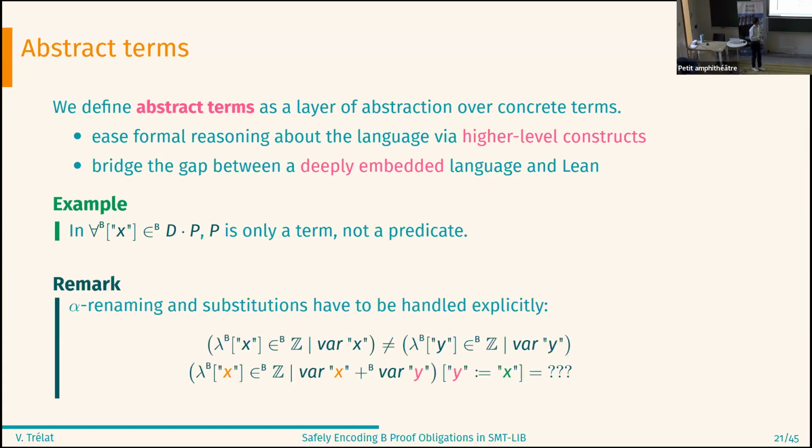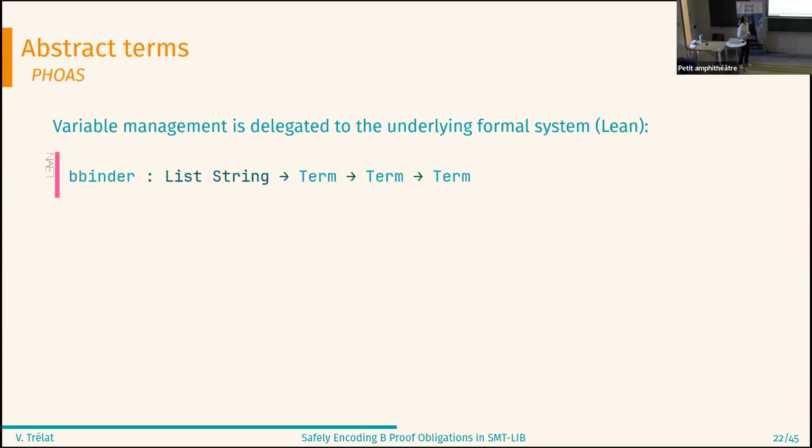The consequence is that we have to deal with alpha renaming and substitutions by hand. We have to handle that explicitly. For example, the identity function on Z has infinitely many representations. And in this lambda x plus y, if we want to substitute y for x, what should I do? Should I first rename this x or just replace the y by x? Those are questions related to deep embeddings, and this is something I don't want to deal with. So I will delegate variable management to the underlying formal system.